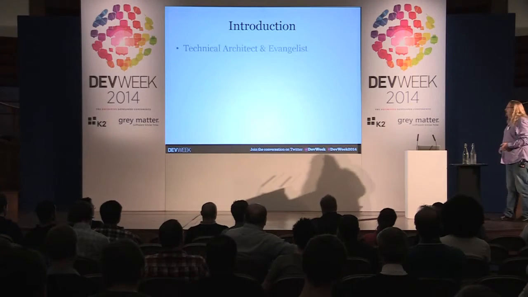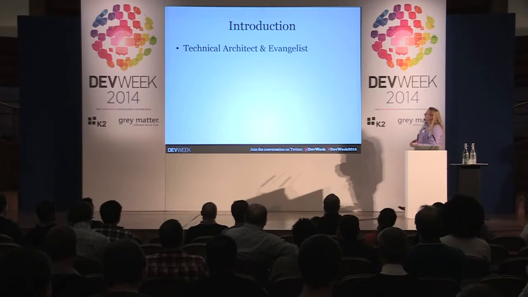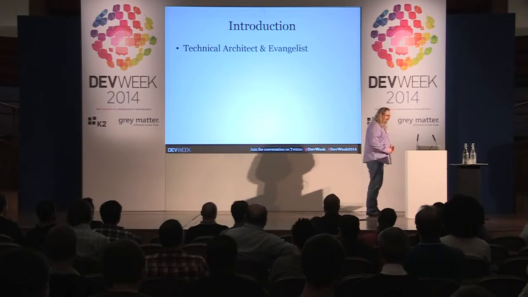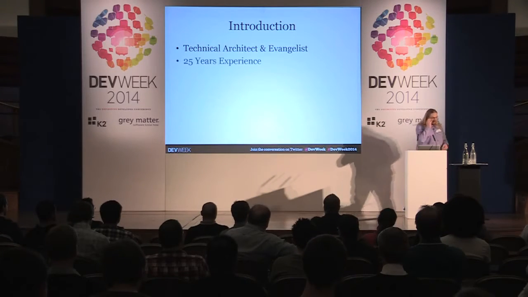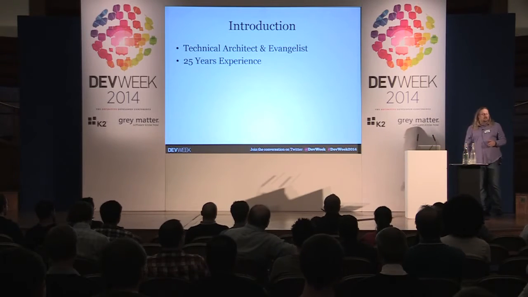But first of all, a little bit about myself. I am commonly referred to as a technical architect and evangelist. In truth, I'm a code monkey, and I'm proud of it. I've been developing professionally for about 25 years plus.